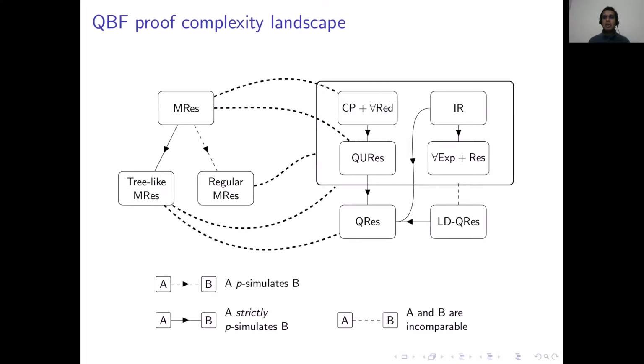But these types of lower bounds are not what we are interested in in QBF proof complexity. They belong to propositional proof complexity, so they don't tell us much about the QBF proof systems. So all the lower bounds in this paper use genuine QBF formulas.